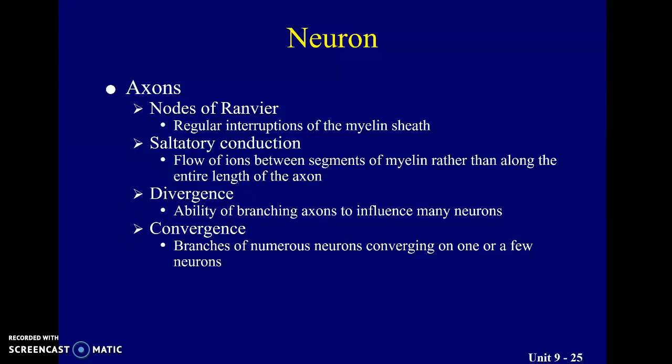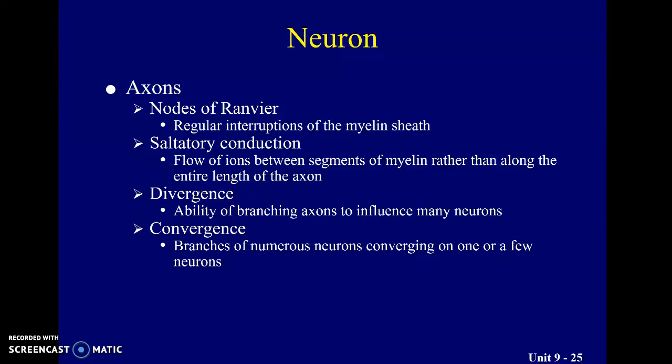So technically, as an action potential propagates or moves down an axon, it's undergoing something called saltatory conduction. So the flow of ions between segments of myelin rather than along the entire length of the axon.